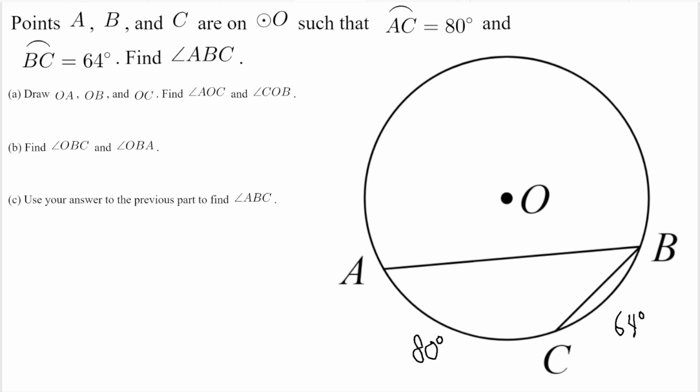So we want to find out what the measure of angle ABC is. The angle located right here, our inscribed angle. Parts A, B, and C are going to help guide us to get towards that solution.